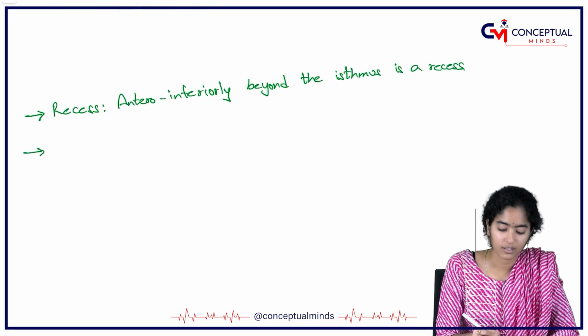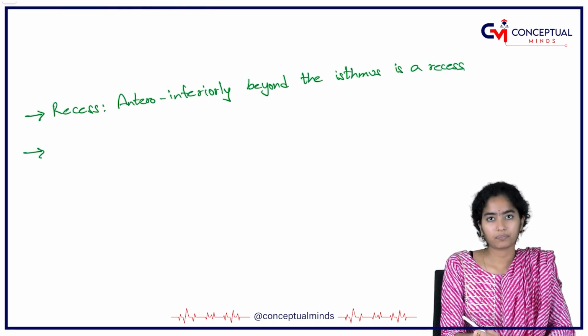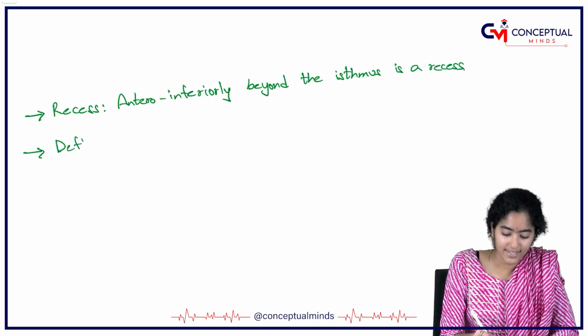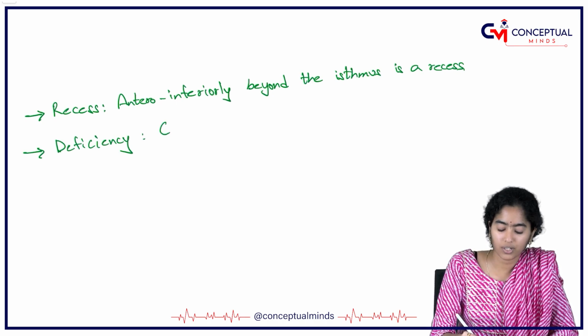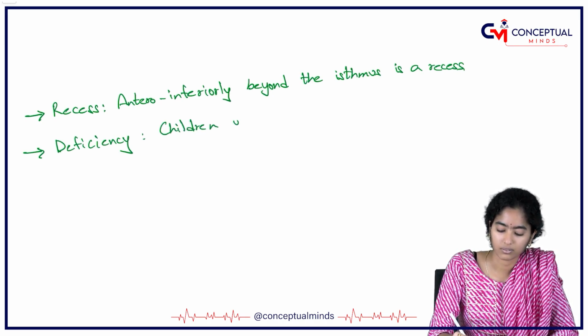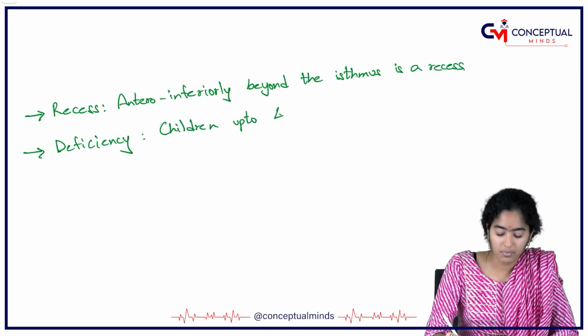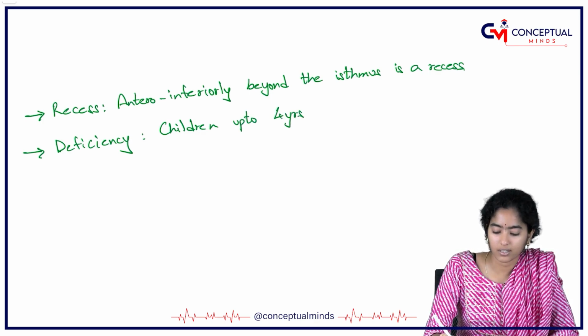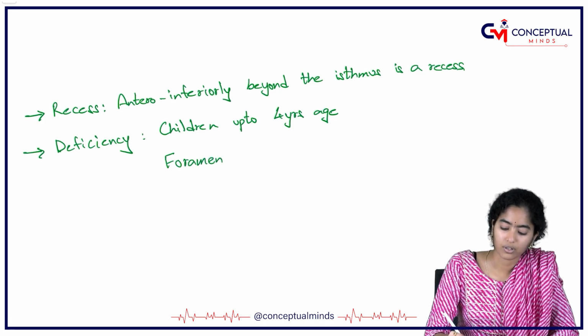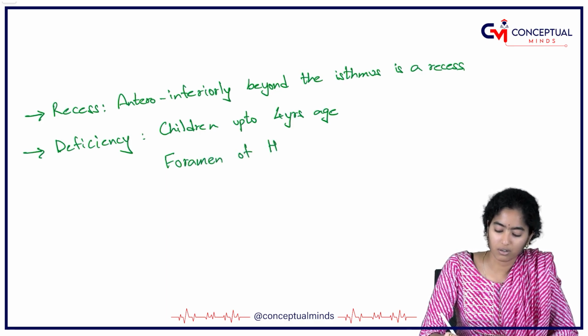Next, even in the bony part, there is a deficiency. But this deficiency need not be present in everybody. It is usually seen in children up to the age of 4 years, but sometimes it can also be present in adults. And we call it the foramen of Huschke.